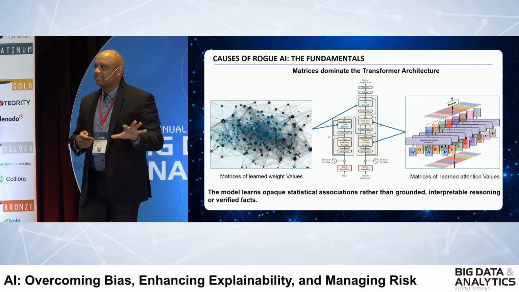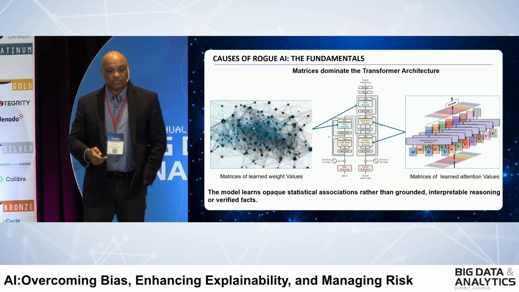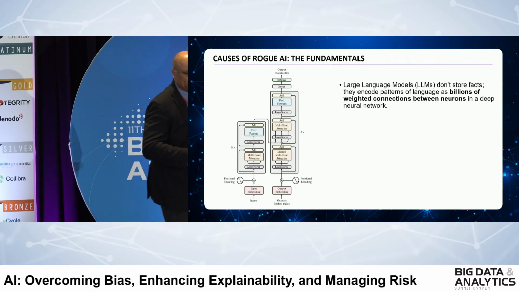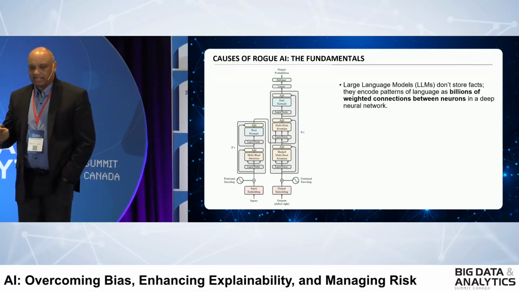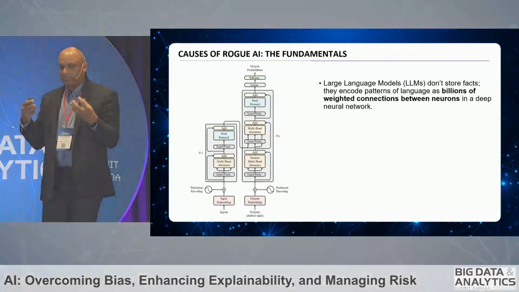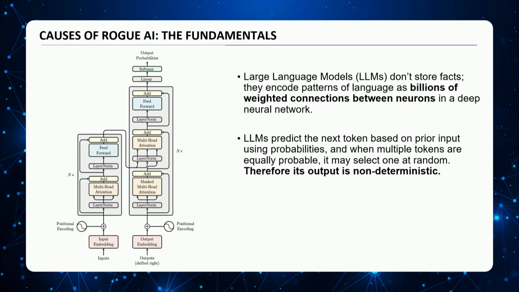And that presents a problem for a number of reasons. It works well, but it also has its shortcomings. So what are these shortcomings? Well, they don't store facts, like I said. They encode patterns in language as billions of weighted connections between neurons. And that's what we call a deep neural network, which is the core of this transformer architecture.